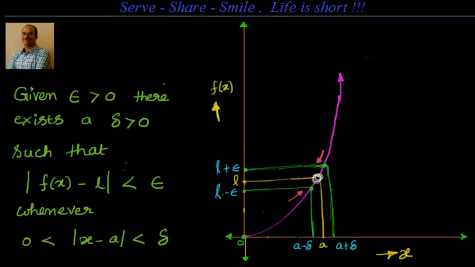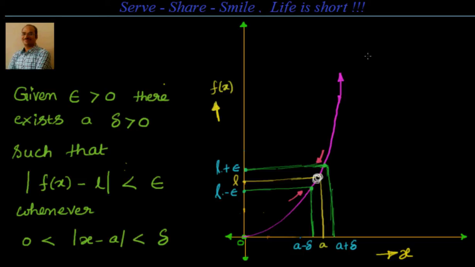The formal definition of a limit goes like this: given epsilon greater than 0, there exists a delta greater than 0 such that whenever 0 is less than mod of x minus a, which is less than delta, mod of f of x minus L will be less than epsilon.